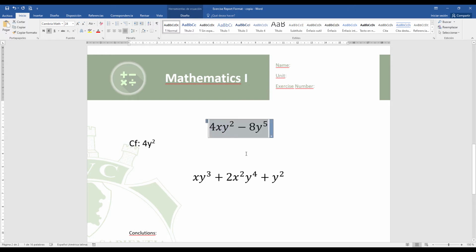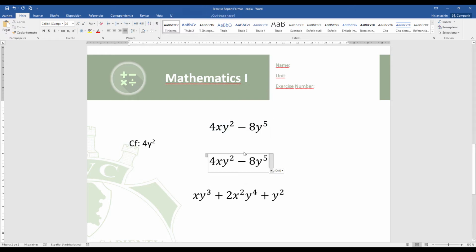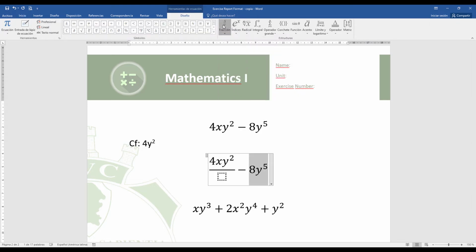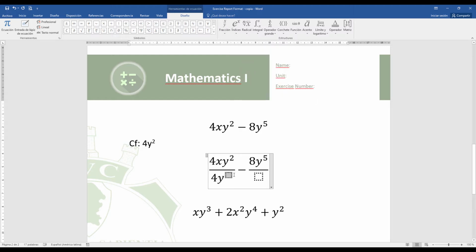Okay, so here you need to divide by the common factor, in this case 4y squared. Again the same. So this is 4 divided by 4, it's 1.